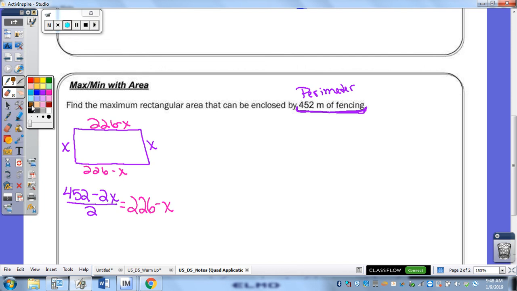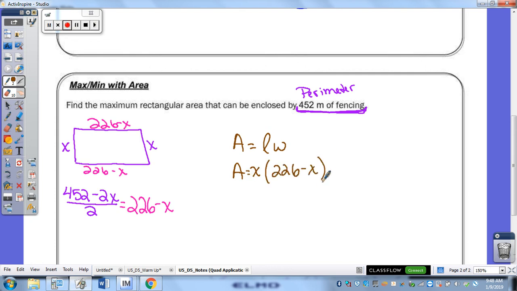So area equals your length times your width. So x times your 226 minus x. So I multiply that through, I get 226x minus x squared.